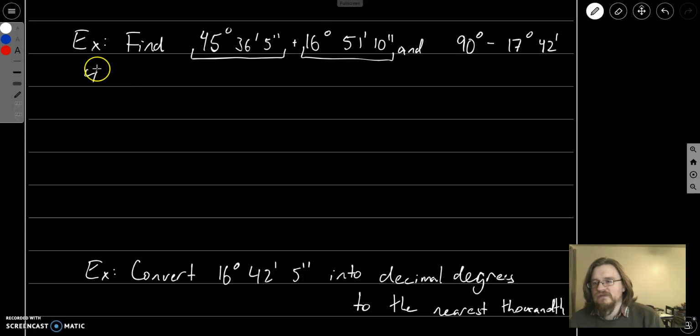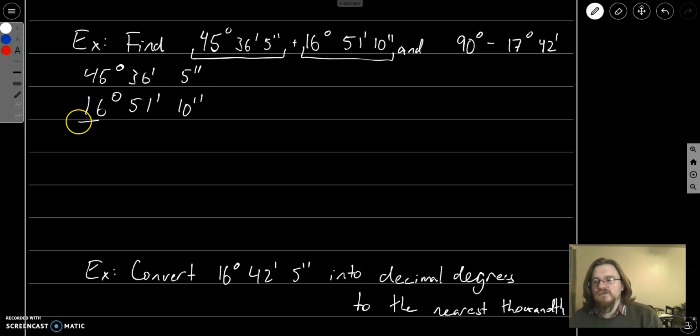So the way that we do this, we have to add like to like. We cannot add minutes and seconds directly. We can't add degrees and seconds or degrees and minutes directly. We can only add degrees to degrees and minutes to minutes and seconds to seconds. Otherwise, we're trying to add apples and oranges together.